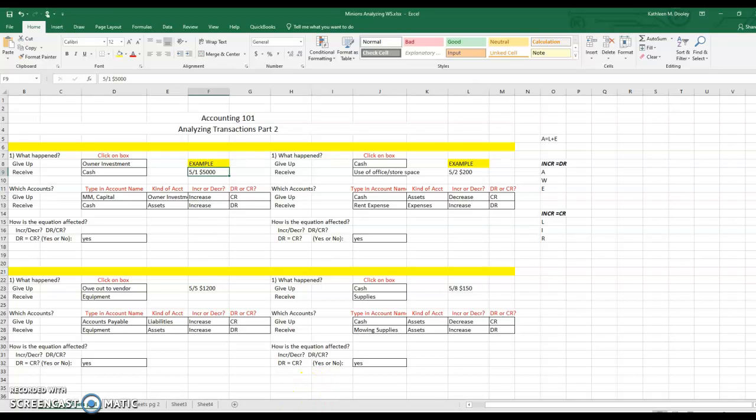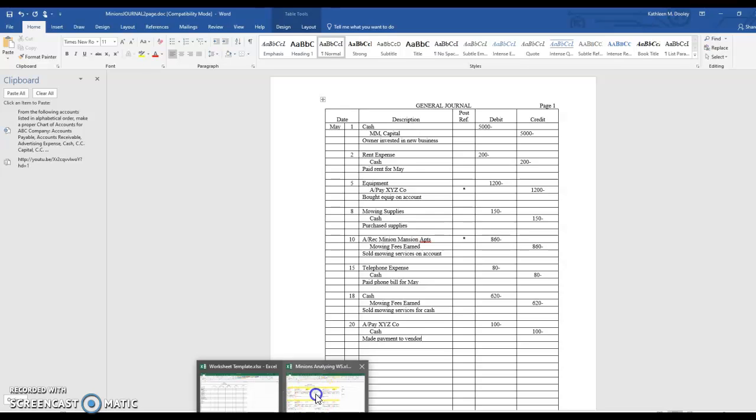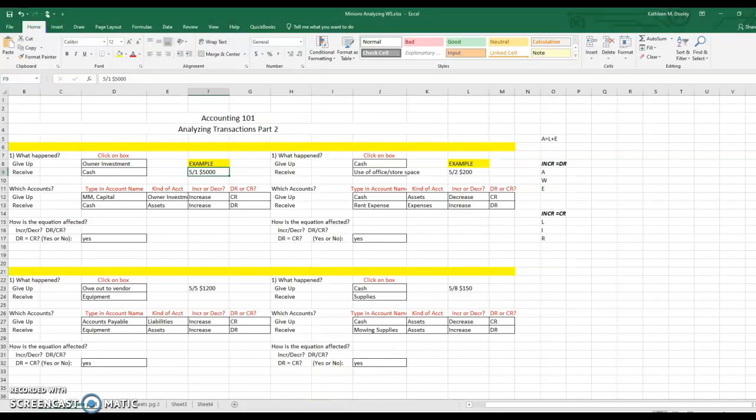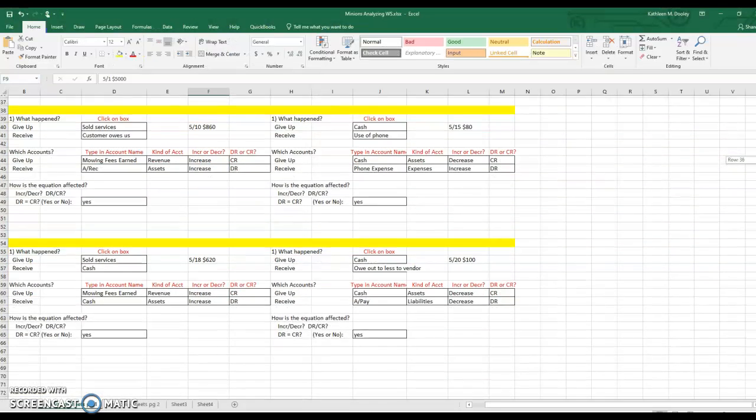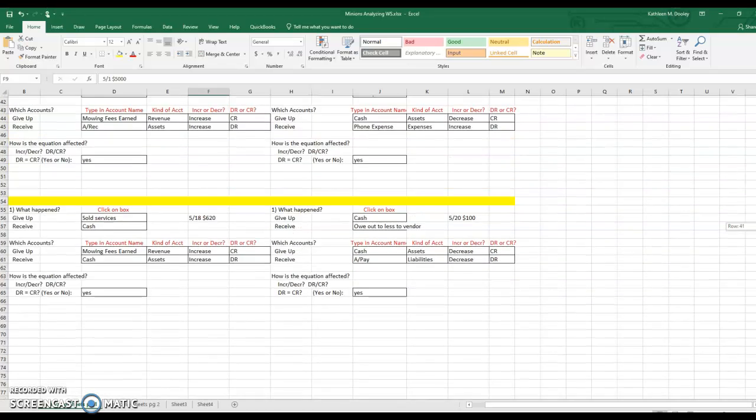So our last journal entry was on the 20th, where we made a payment to the vendor.